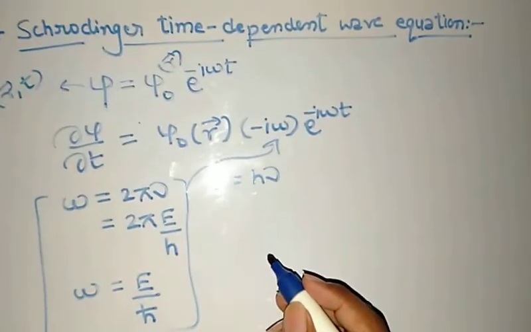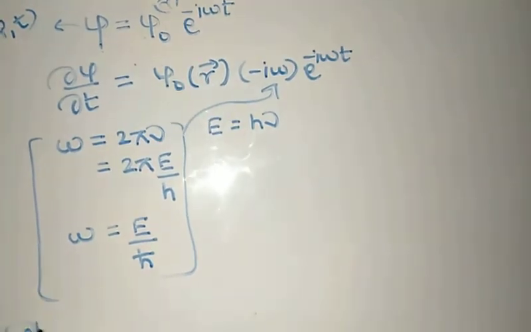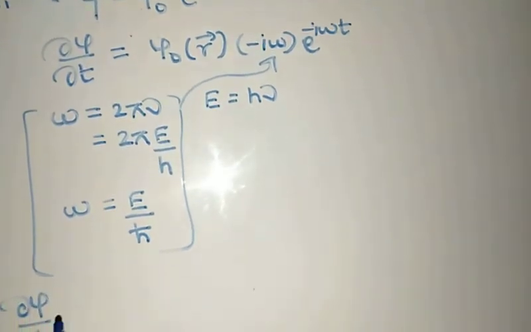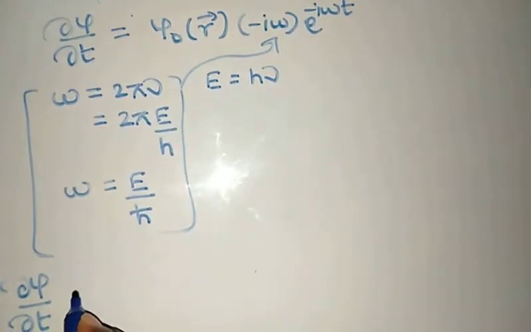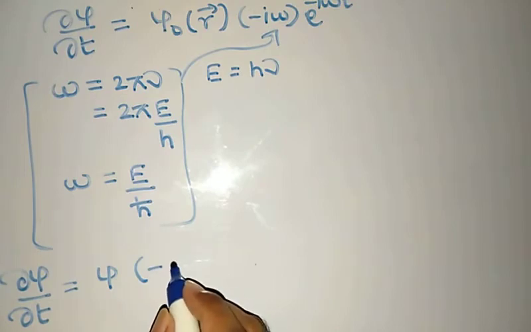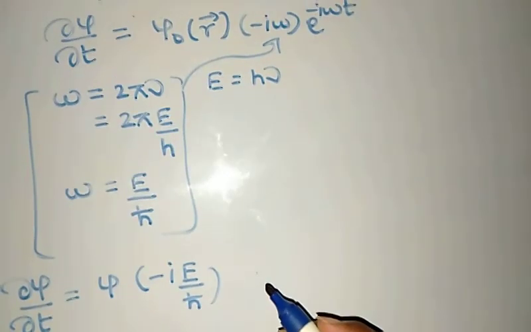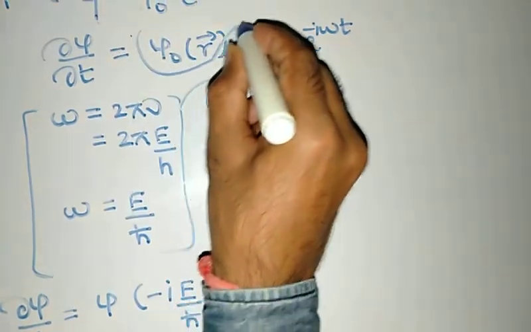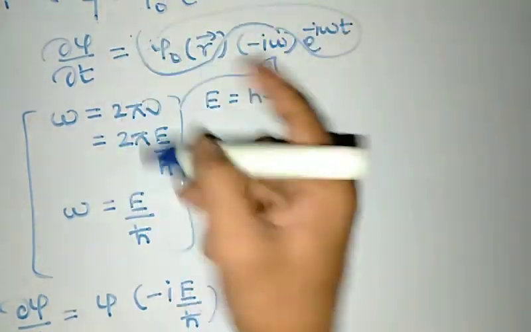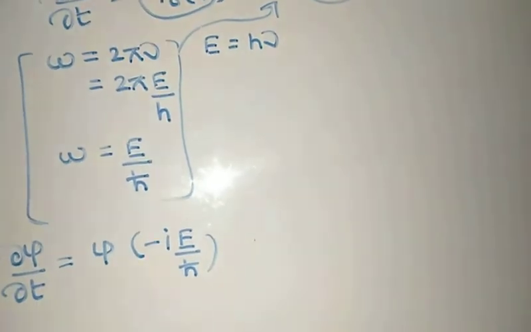So putting this in, deva psi upon deva t is equal to psi naught minus i E upon h cut. Clearly this will become psi again, so we will write here psi only.